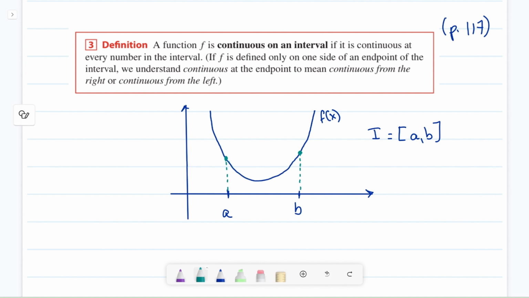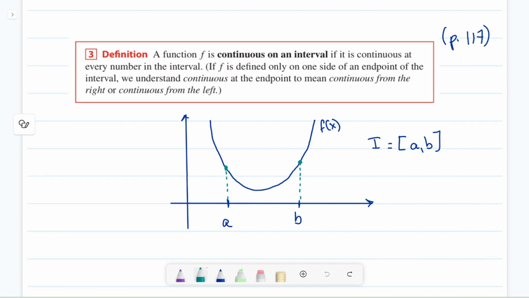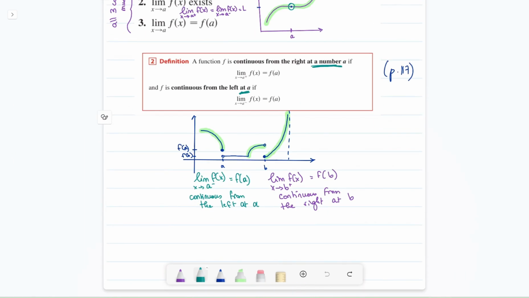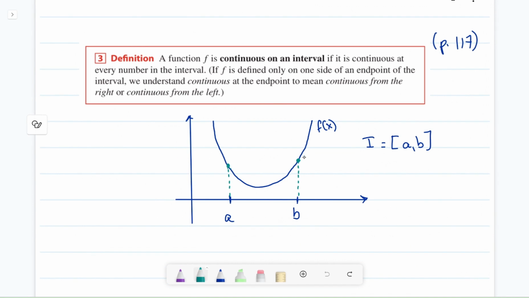So if we were to check continuity at a point, using the above definition that we learned before, at every point in between a and b, the three conditions we learned before would hold. As the definition says, the function would be continuous at every number in the interval. Now regarding the last part of the definition, again, I will explain it using an example later on.